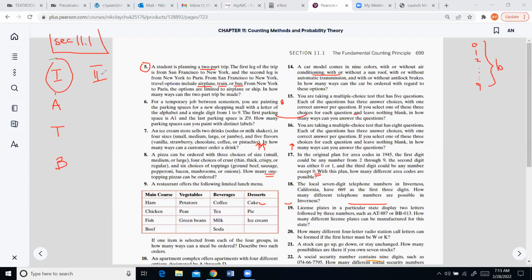Now for the second option, you could either fly or you could use a ship. So for the second choice, it's either again airplane, which most people will probably use, right? But some people can take a cruise ship, for example, if they feel like it, and cross the Atlantic by cruise.